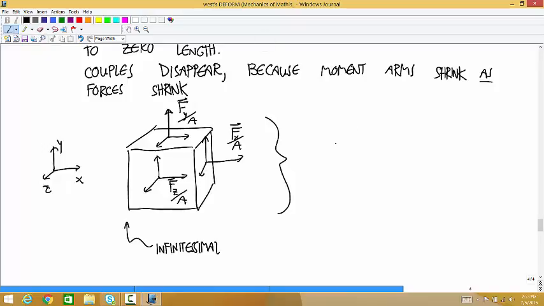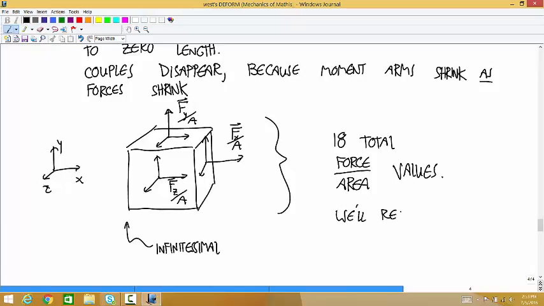So 18 total force per area values. And what I'll do at the start tomorrow is we're going to reason all the way from 18 down to 6 independent values, which is what I said stress tensors had before.